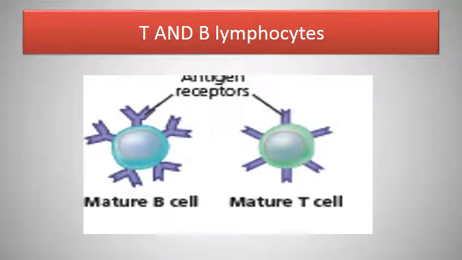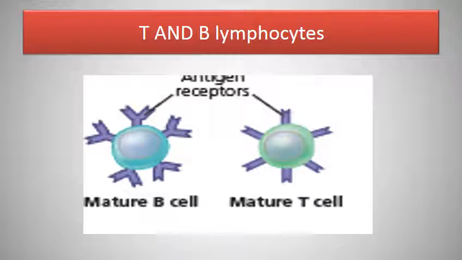Here you can see the structure of the T lymphocytes and the B lymphocytes. So you have a mature B cell or a B lymphocyte, and you have a mature T cell or a T lymphocyte. You can identify them by the type of the antigen receptors which are found on the surface of the plasma membrane.